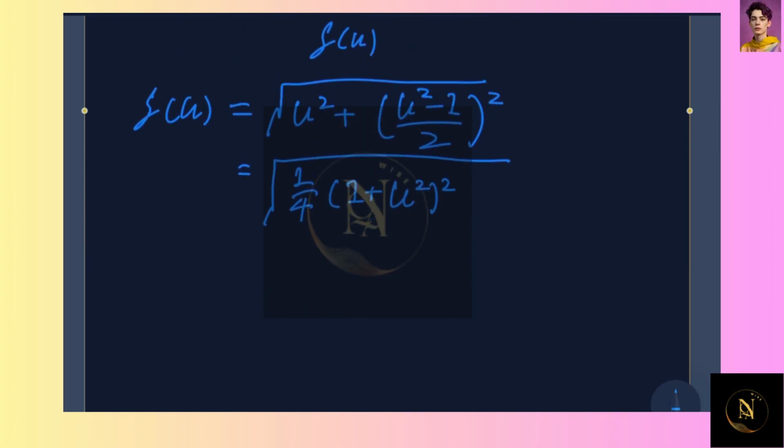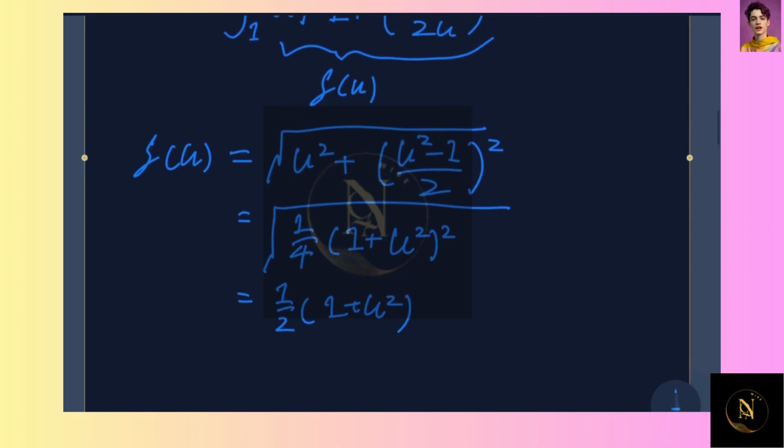So the simplification is done just by factorization, and now 1 over 2 times 1 plus u squared would be the expression of g of u.